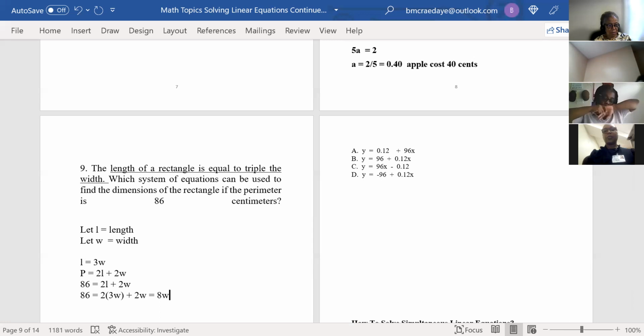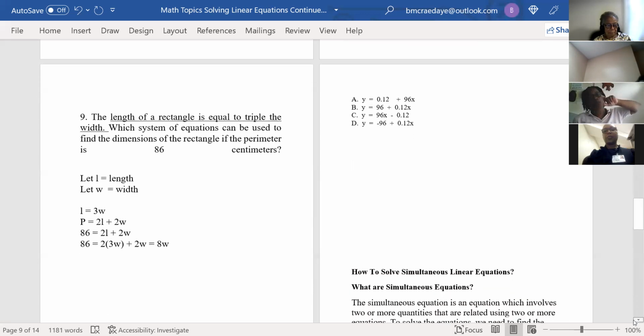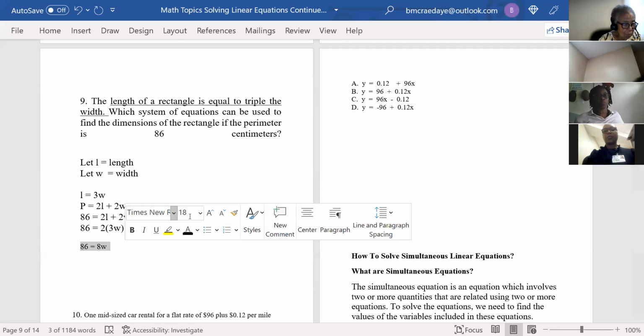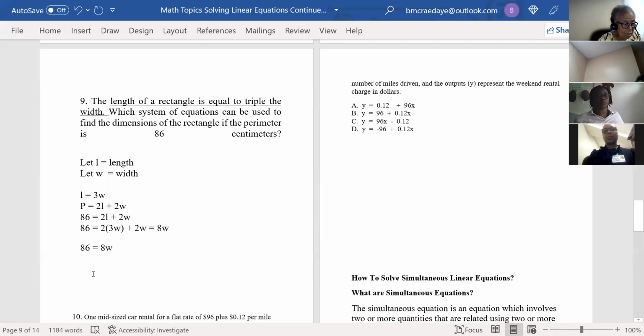Then what would W be equal to? So we have 86 equal 8W. What is W equal to? Maureen, how would you solve for W?